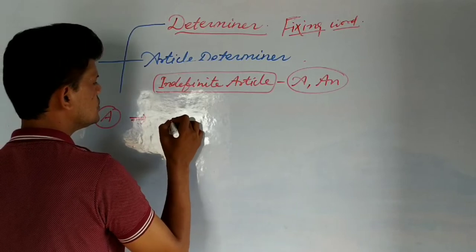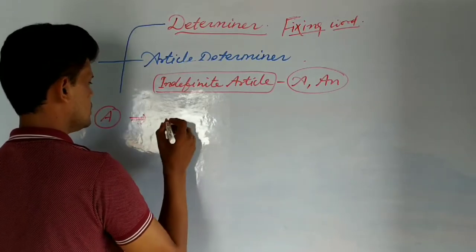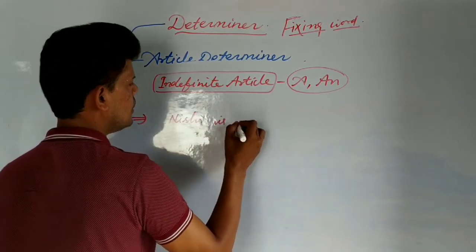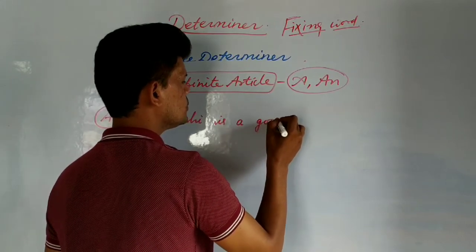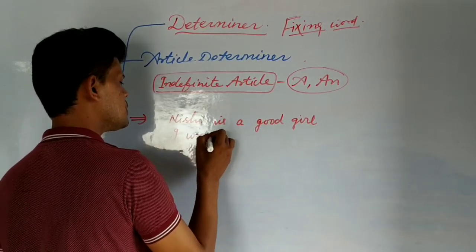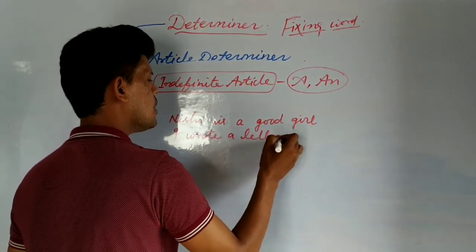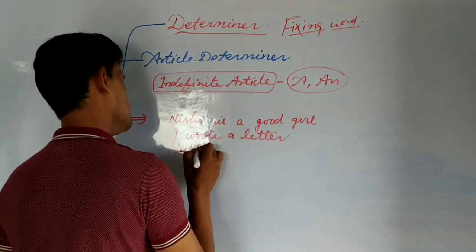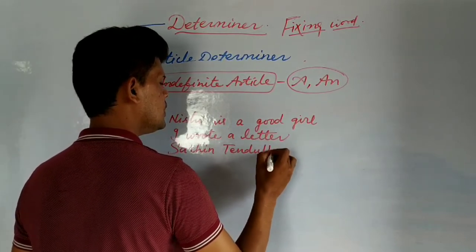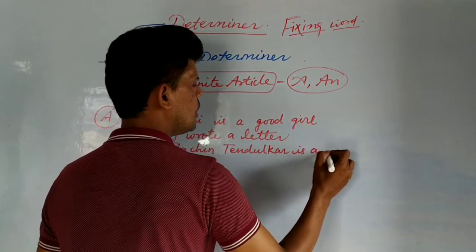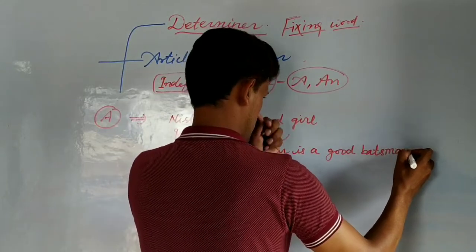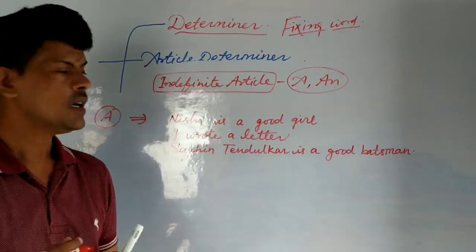You are a teacher. Nishi is a good girl. I wrote a letter. Sachin Tendulkar is a good batsman. Okay, students?